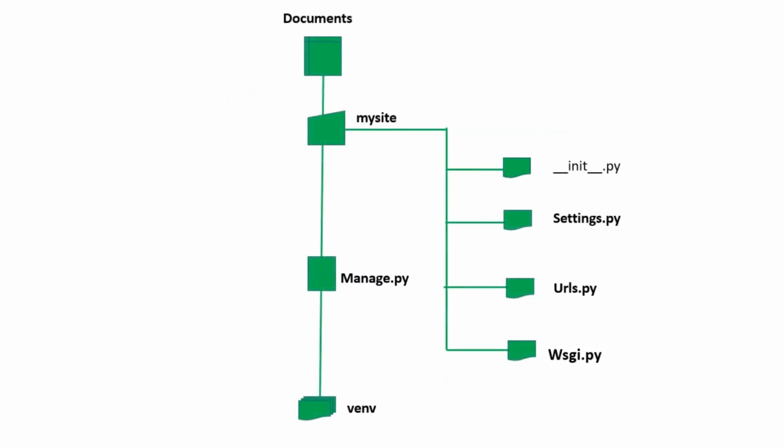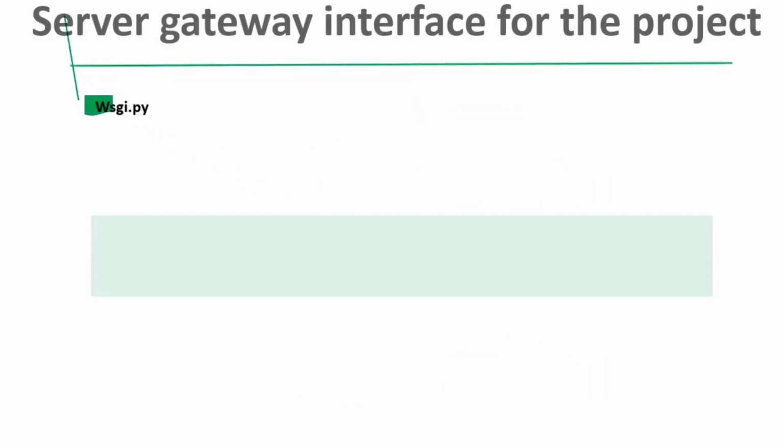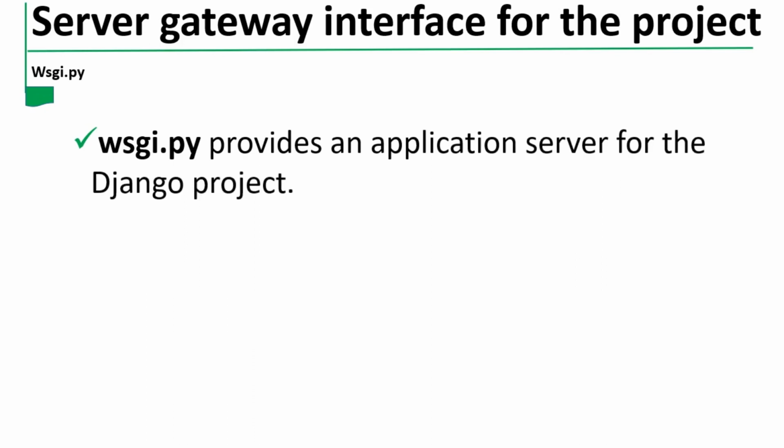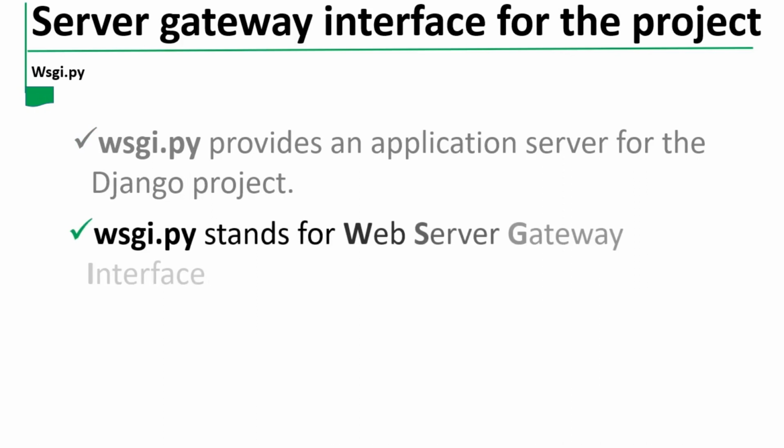Now let's take a look at the wsgi. This, in short, stands for Web Server Gateway Interface for the project. This provides an application server for the Django project. As I've said, it's short for Web Server Gateway Interface.